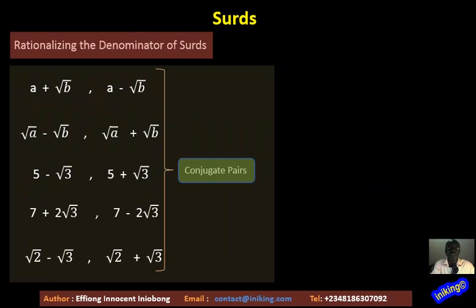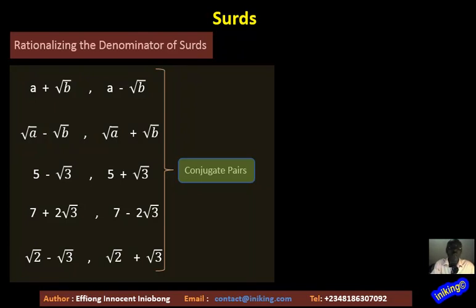As you can see on the screen, I have the first expression a plus root b, and the second expression a minus root b. The difference is just that the sign joining the two expressions there has changed from positive to negative.